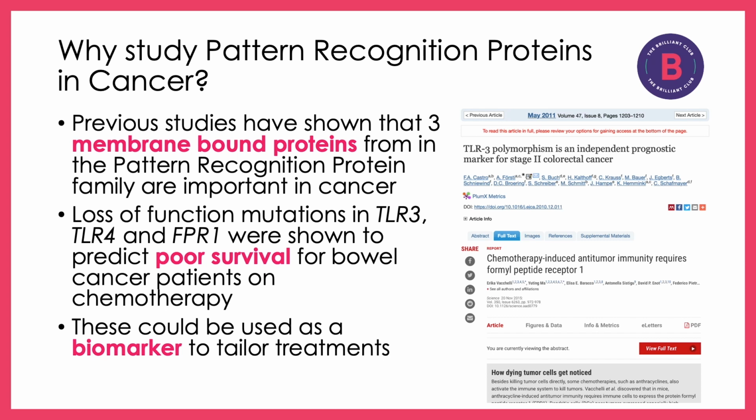Based on this discovery, these same research groups then sequenced the DNA of some human cancer patients and found a similar pattern. Those with mutations that cause the proteins expressed by the genes TLR3, TLR4, and FPR1 to no longer be functional would die earlier. Now, this was interesting and surprising to myself and my colleagues.